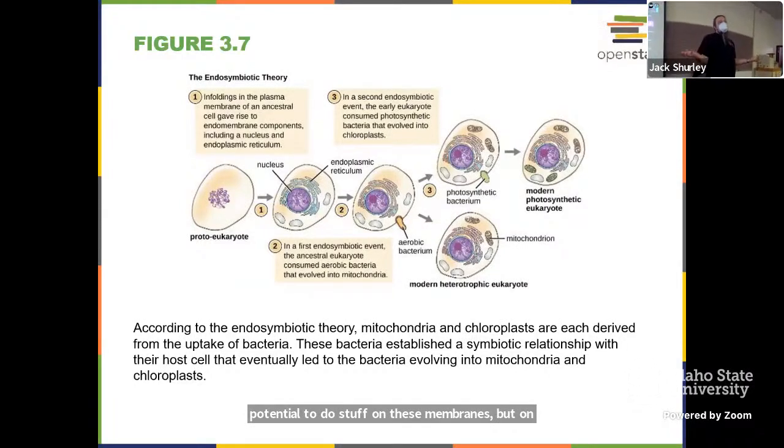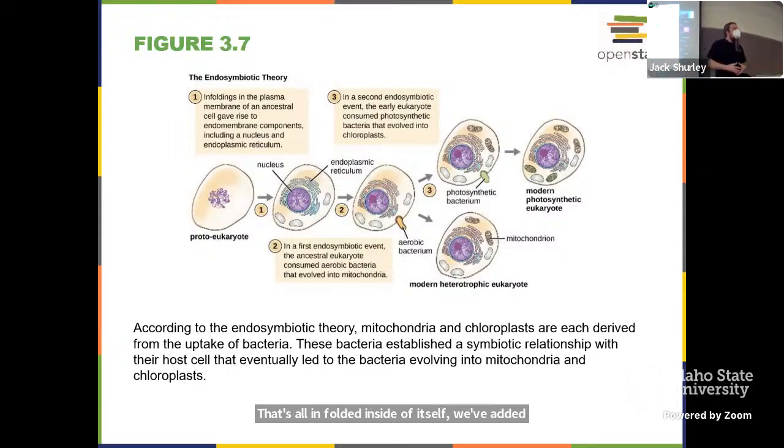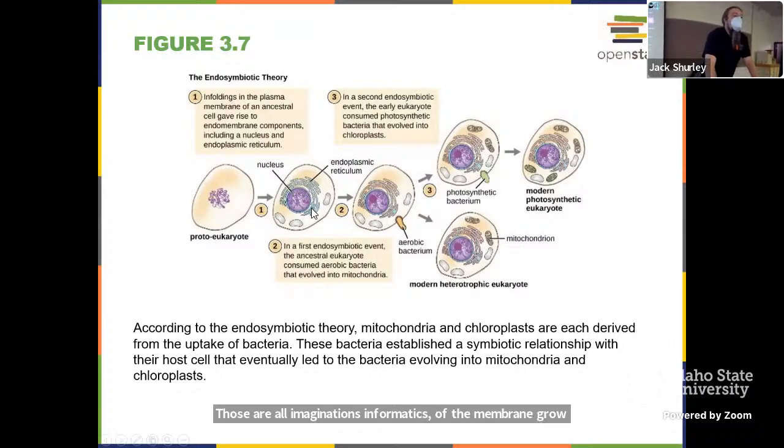And that's when we start partitioning different roles and functions within there, different regions on this membrane that has bunches of proteins that allow something to happen, or something else on another chunk of membrane that's all enfolded inside of itself. We've added extra rooms, right? Instead of building stuff out, we've built it in, all right? Those are all invaginations, infoldings of the membrane growing inward as we're trying to do more with our same space, right?